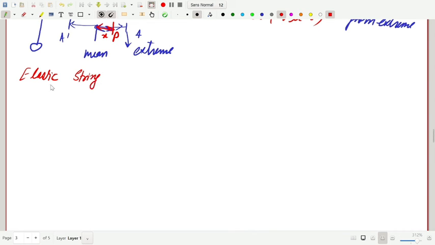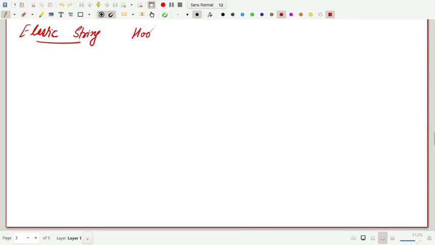String. By Hooke's law, we know that tension is directly proportional to the extension over natural length, that is, modulus of elasticity into the extension over the natural length.